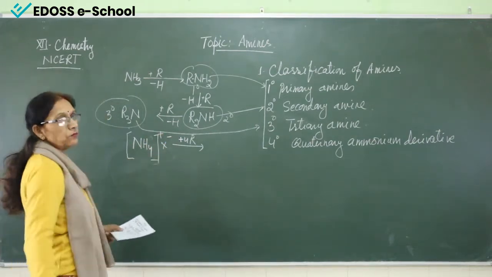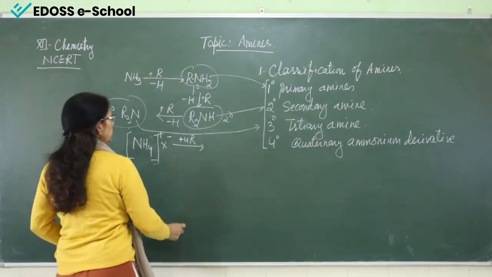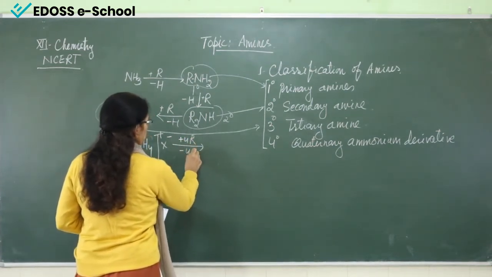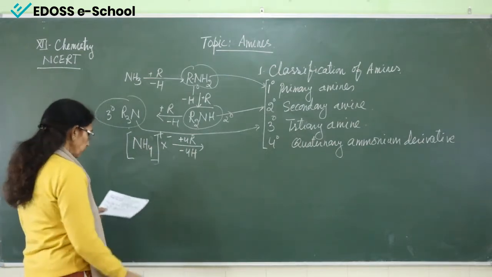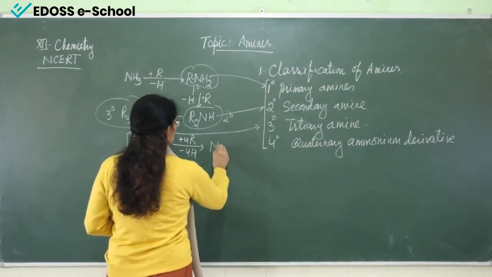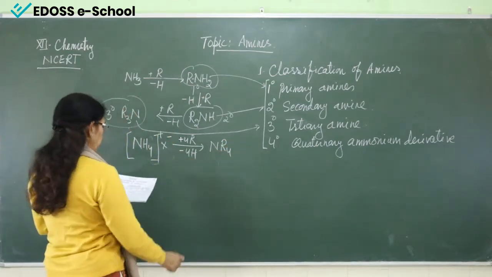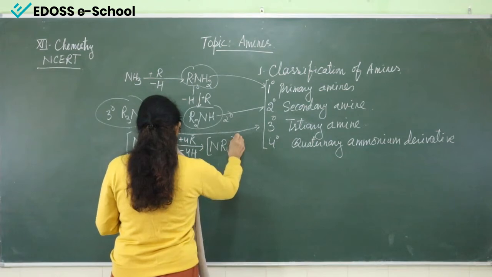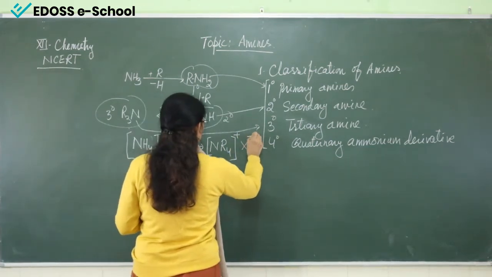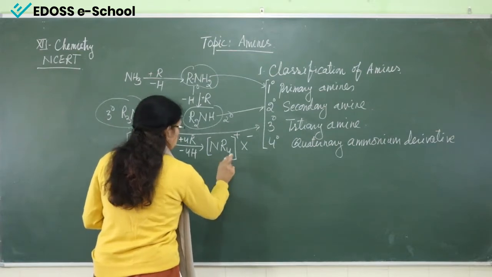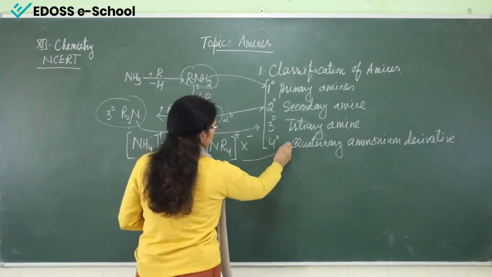This is ammonium halide, and 4 alkyl groups will be added and 4 hydrogens are taken out or replaced. So this will convert into NR4 plus, and X is negative.